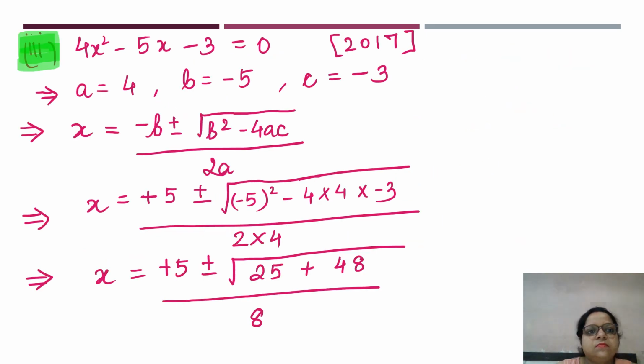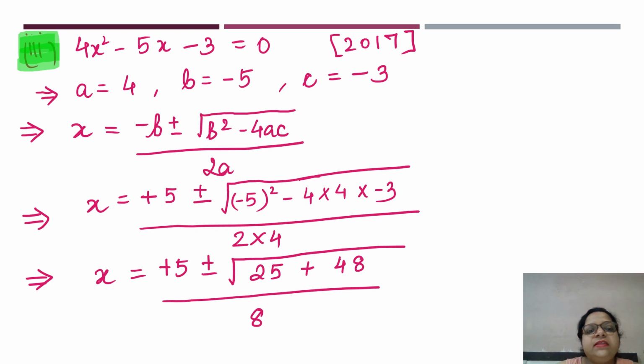Coming to the third part, children, of the question, and this question has appeared in 2017. Okay, see what is given. 4x square minus 5x minus 3 is equal to 0 implies that a is equal to 4, b is equal to minus 5 and c is equal to minus 3.